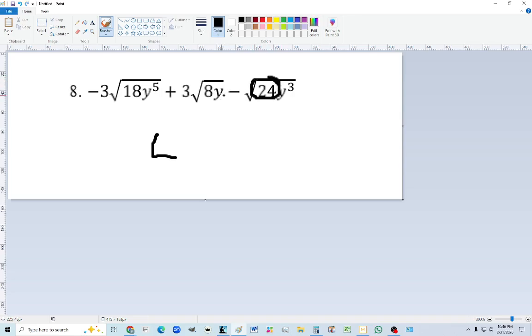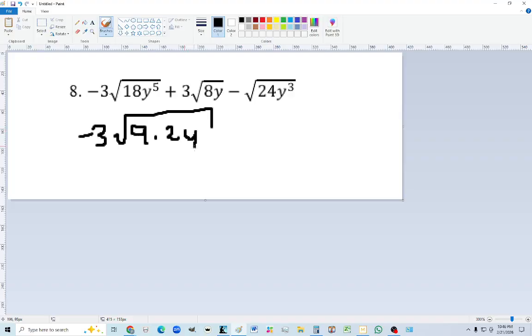And this one's 4. And this one's 2. So minus 3. The 18 can be written as 9 times 2. And the y can be written as y to the 4 times y to the 1. Because that adds up to 5.